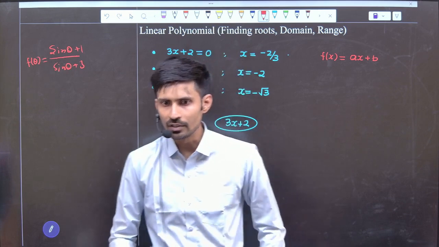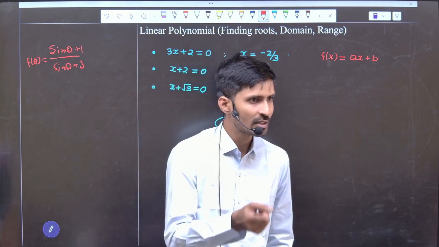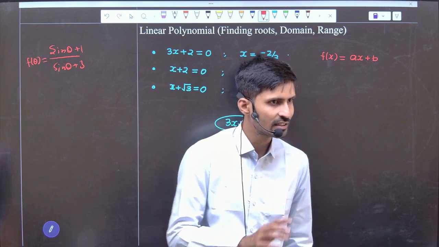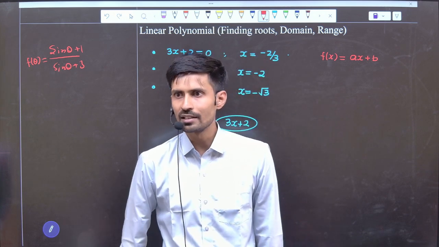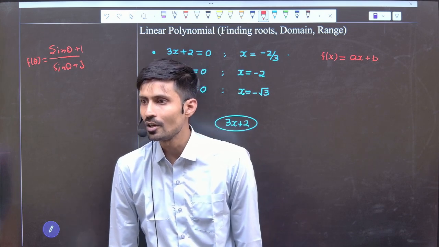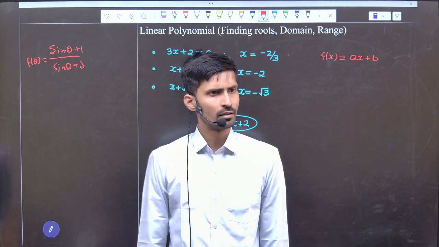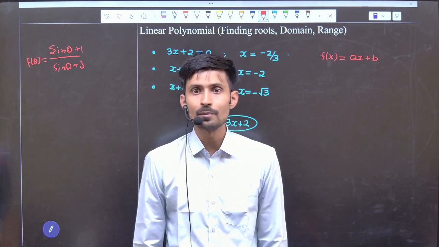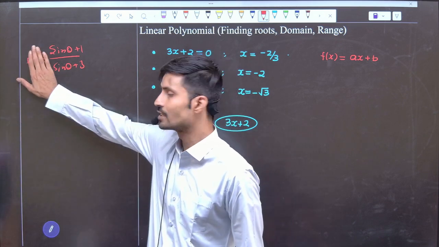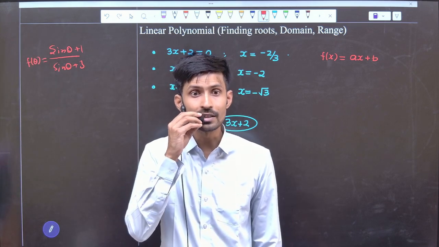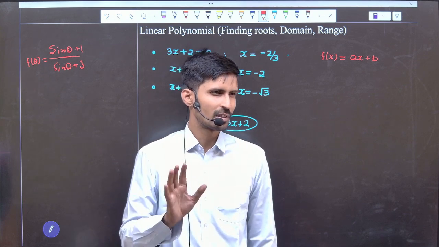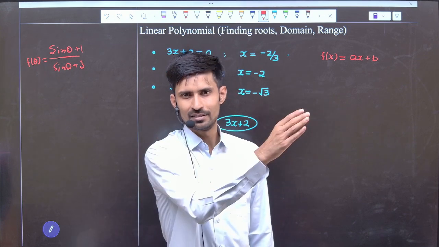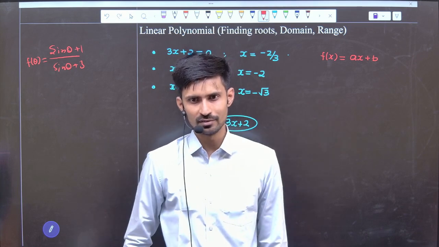If I say simply f of theta, it means sin theta plus 1 upon sin theta plus 3. So to ask the range, I will simply say find the range of f of theta. Very easy to say. If f of theta is not present, I have to say find the range of sin theta plus 1 upon sin theta plus 3. A little bit confusing, with some more words to use, right?